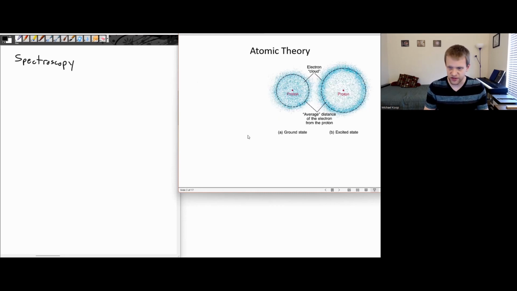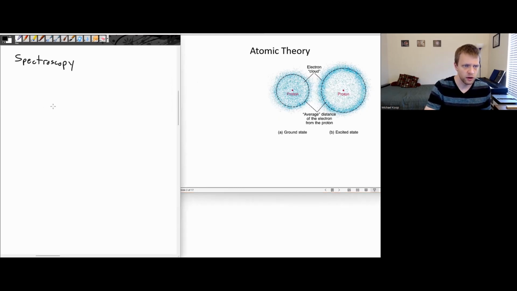Before we get into the weeds on this, we do have to talk a little bit more about the properties of atoms. Our general model of an atom has the nucleus, with protons and neutrons in there.